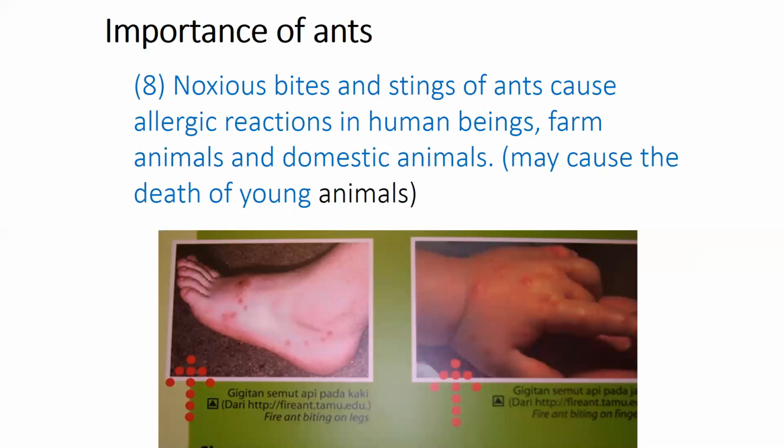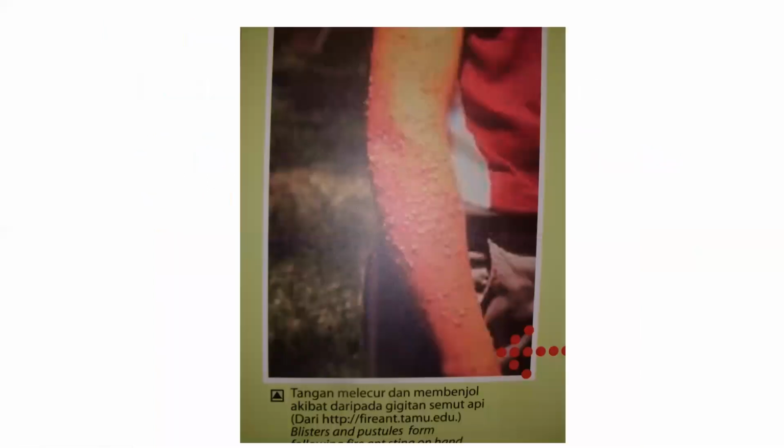So you can see at the places where the person is stung, you can see this sort of allergic reaction, right? Maybe itchy, maybe reddish in appearance, and also that person may feel sort of faintish, and there are many symptoms.